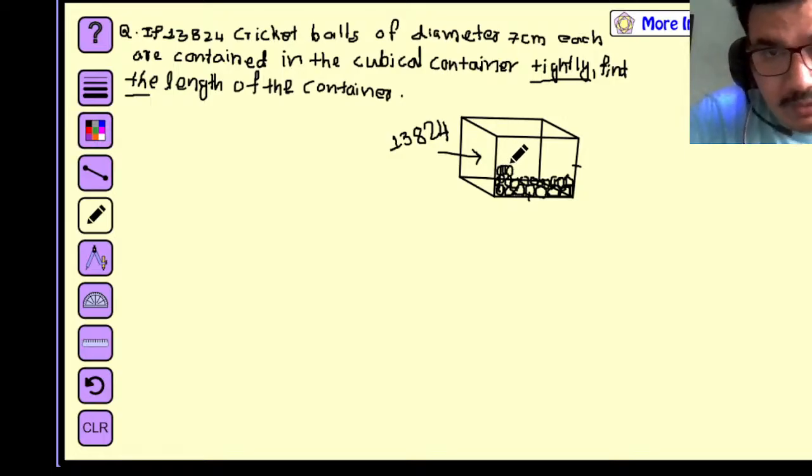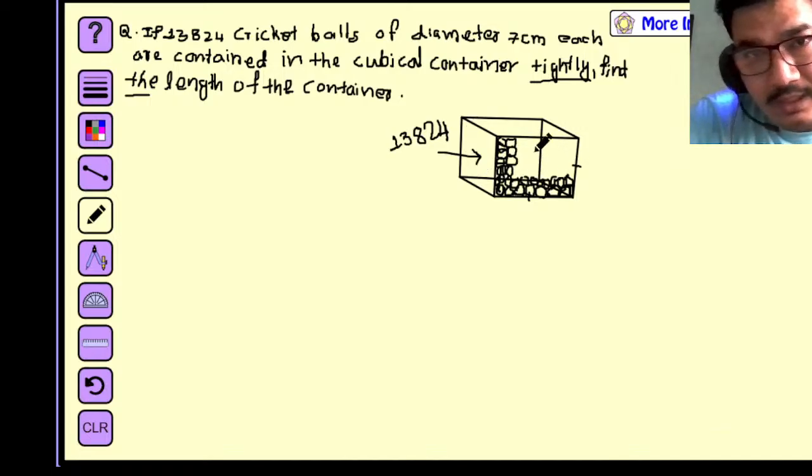They are all together inside this cubical container, 13,824.